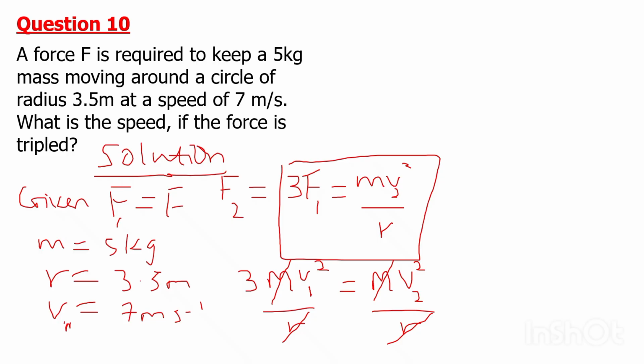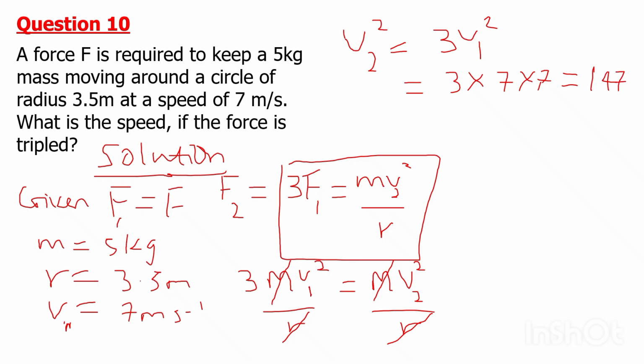So the new velocity that we are looking for, V2 squared, will be 3V1 squared. That will be 3 times, what's V1, 7 times 7, which will give us 147.